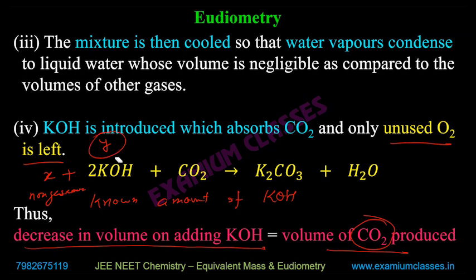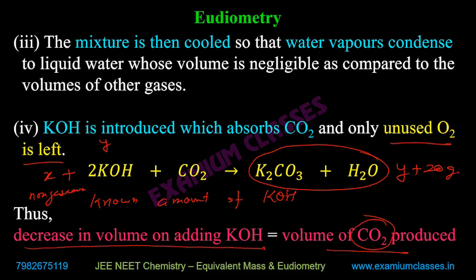And you introduce Y. After that, this mass is Y plus 20 grams. It means 20 grams was carbon dioxide. So you can get the mass here. Difference in mass will tell you how much carbon dioxide has been absorbed.